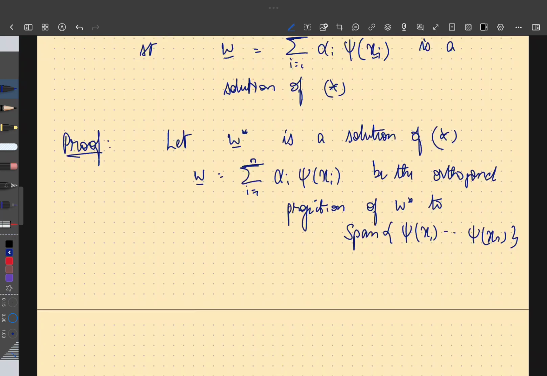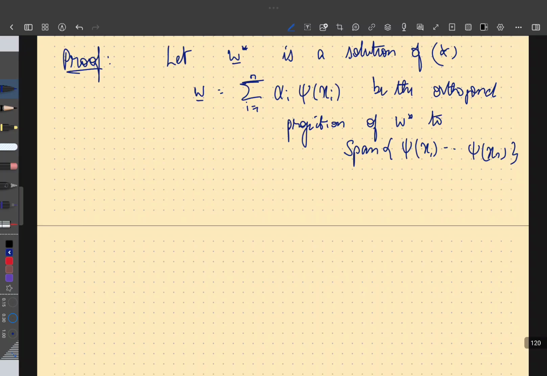It turns out that completeness is necessary for there to be a unique orthogonal projection. So this is the space that we are interested in, and this is the orthogonal projection. Therefore, we can write W star as W plus some vector u, where u lies in the orthogonal complement, so the inner product between u and W is equal to 0.